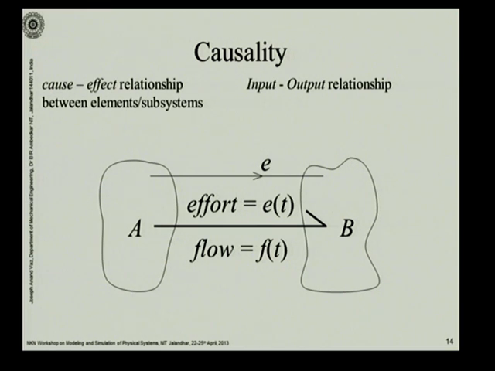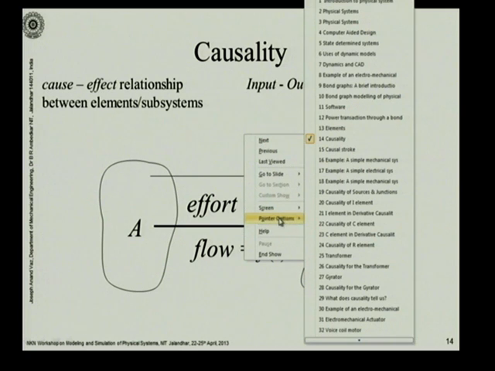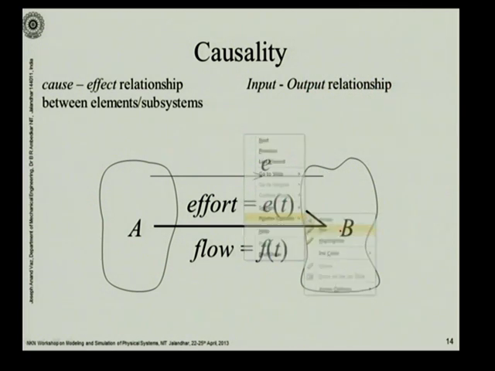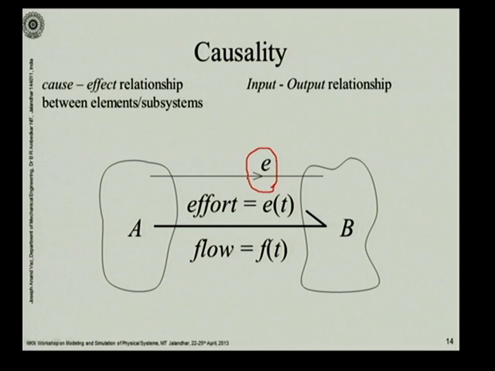And you see here that we have represented this using a signal bond, and this signal bond is representing just information of one variable, which is the effort variable, and the signal bond is a full arrow, okay. So the information of effort is going from subsystem A to the subsystem B.